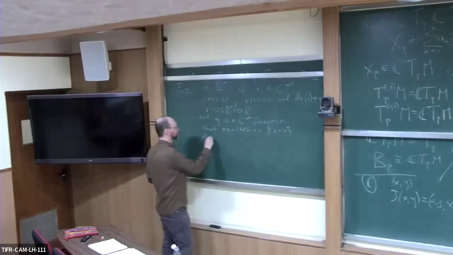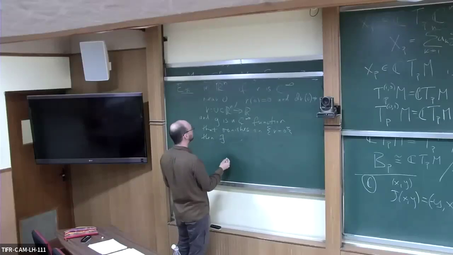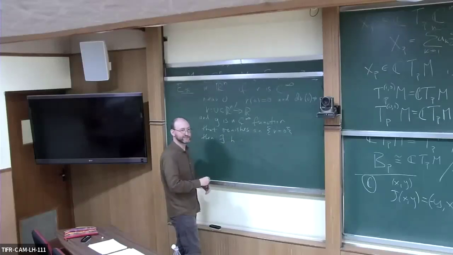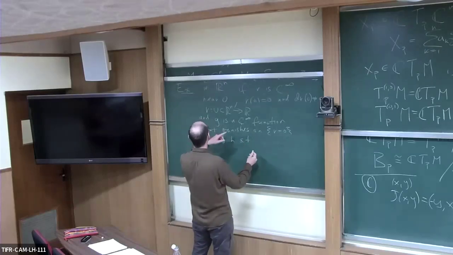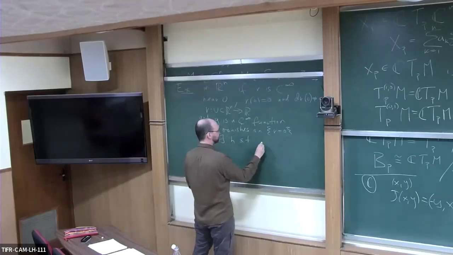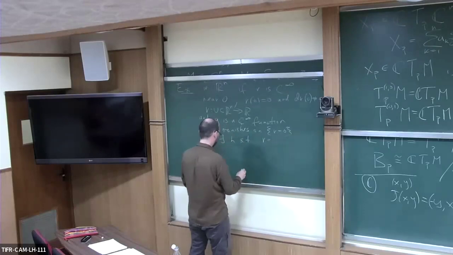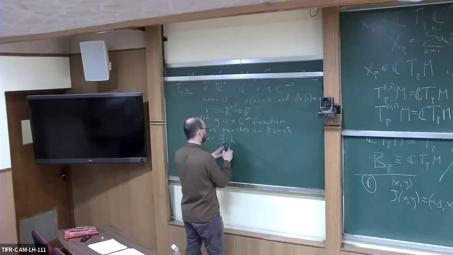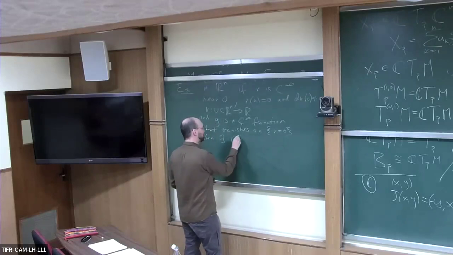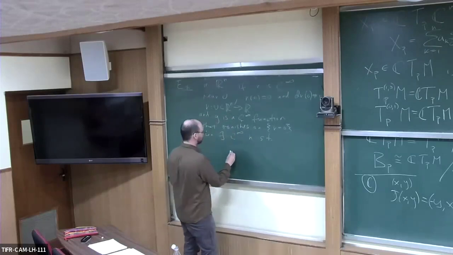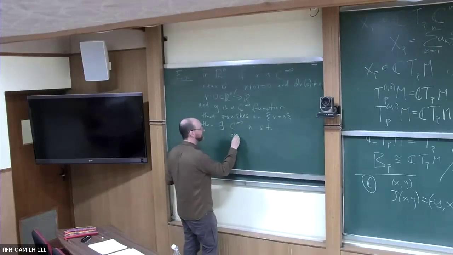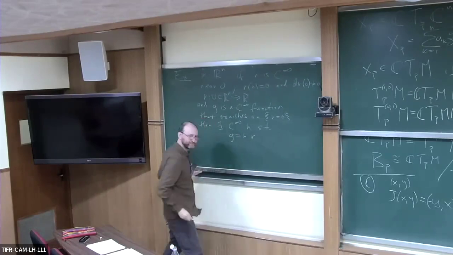Then there exists, let's call it H, a smooth H, such that G is H times R.